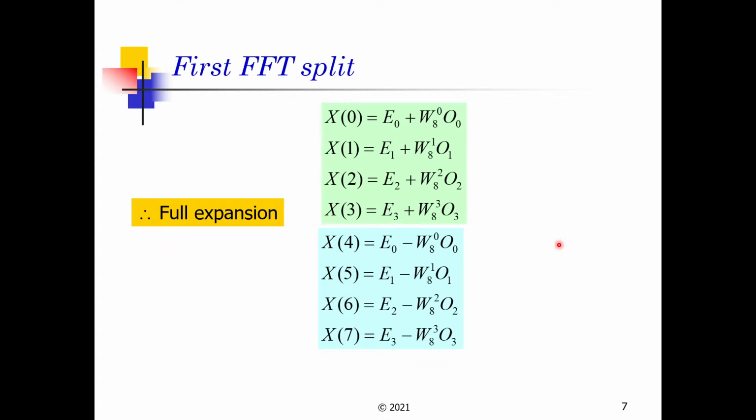So we can rewrite this entire equation that we had from x0 to x7 here in terms of just W8 0 all the way up to W8 3. And we see here basically that the difference is just the signs change accordingly. So instead of the first half being plus, the second half here is just going to be negatives for the sign change.